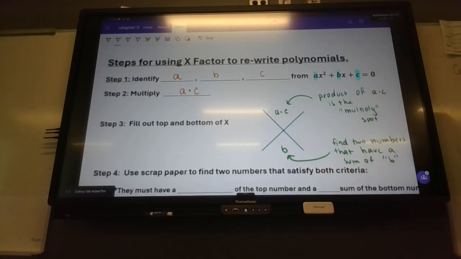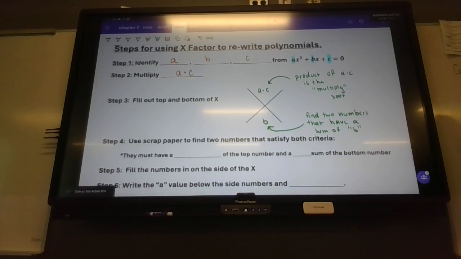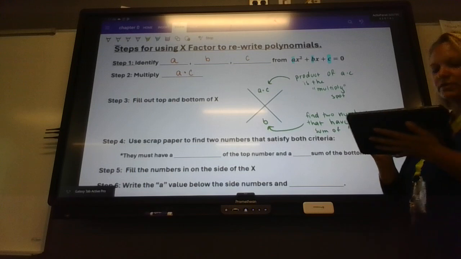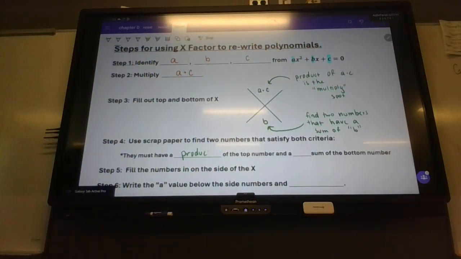And we're going to continue that using the numbers in the polynomial. And then I say, okay, step 4, it says use scrap paper to find two numbers that satisfy both criteria. They must have a product of the top and a sum of the bottom number. I'm pretty sure that line is supposed to say sum and it didn't get either.